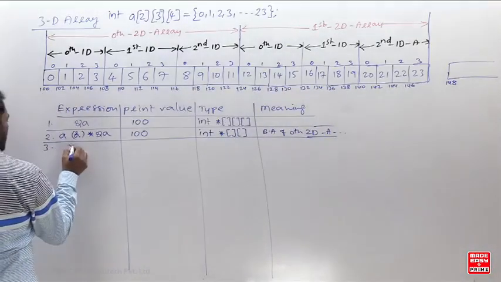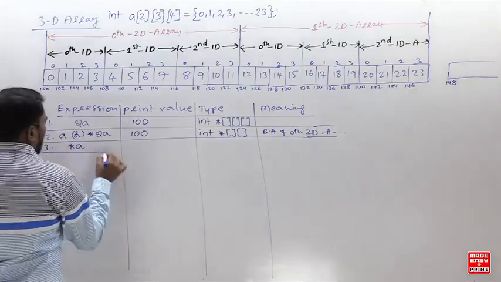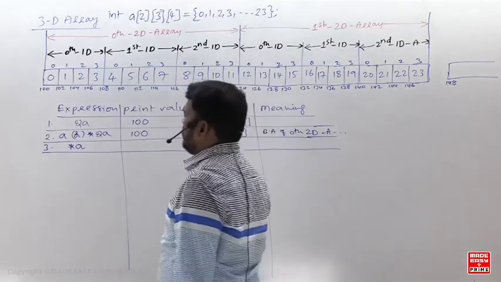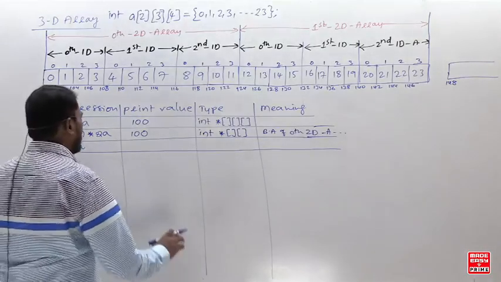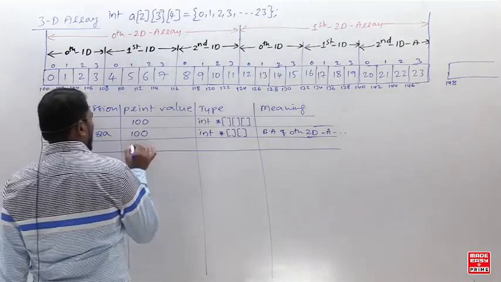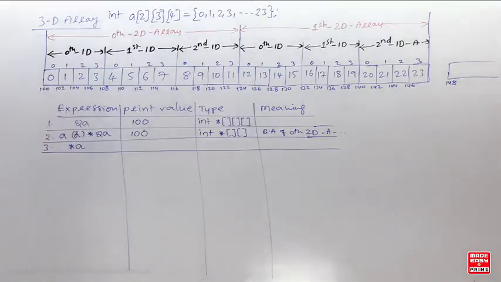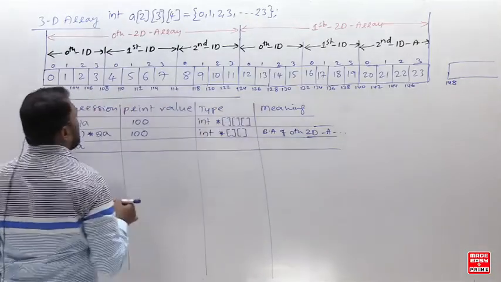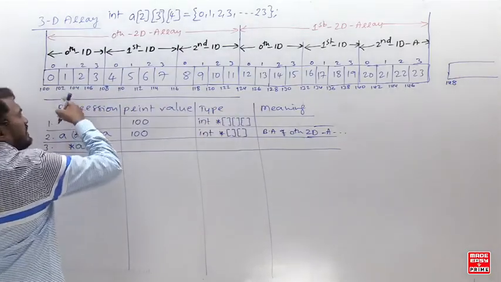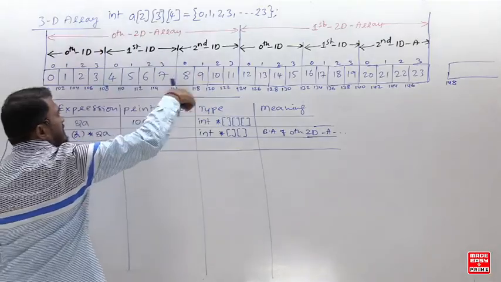Now if I say star a, tell me what it prints. Just understand the concept. A means it was pointing to the entire 0th 2D array.